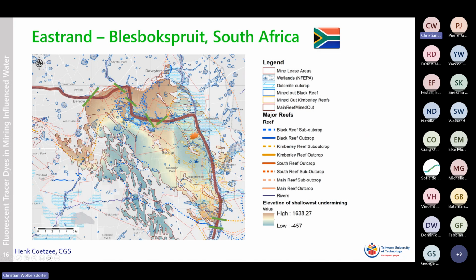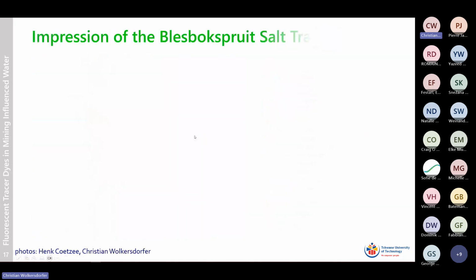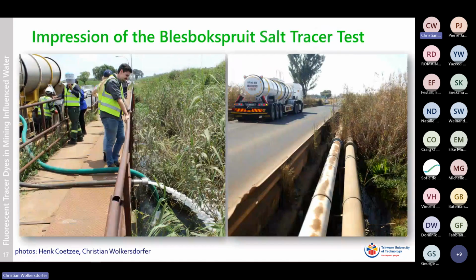We also want to know if there is some recirculation of the water. You see here they are discharging here, then the water is flowing down. It could be that the water of the Blesbokspruit is re-infiltrating into the underground and it's pumped back to the mine workings here. And therefore, we also needed to know the velocity of the water in the Blesbokspruit.